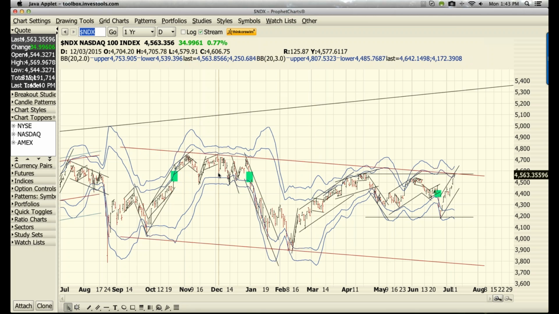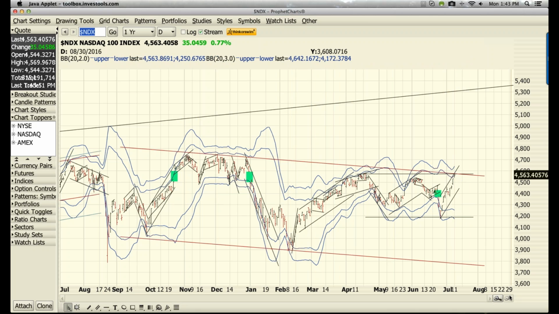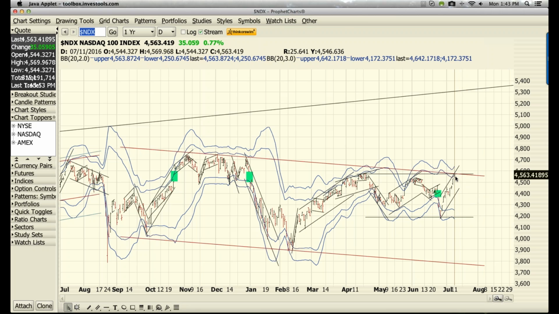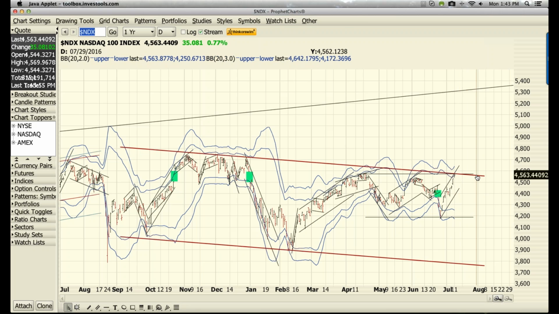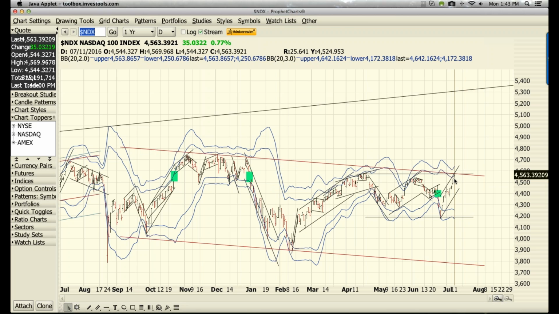So if you line up all your natural levels of resistance and you can tie them together with a single line, it gives you an idea of where there exists naturally in the market a level of resistance. Today, we came right up to that natural level of resistance line that had been defined prior, and we turned away from it.